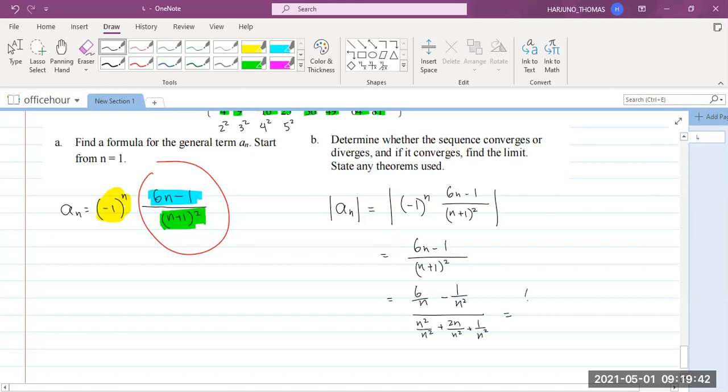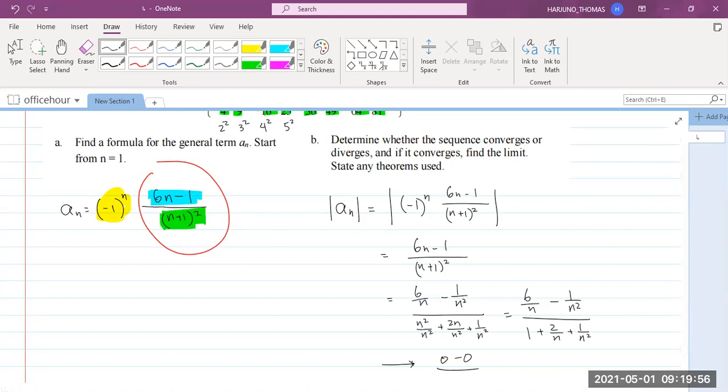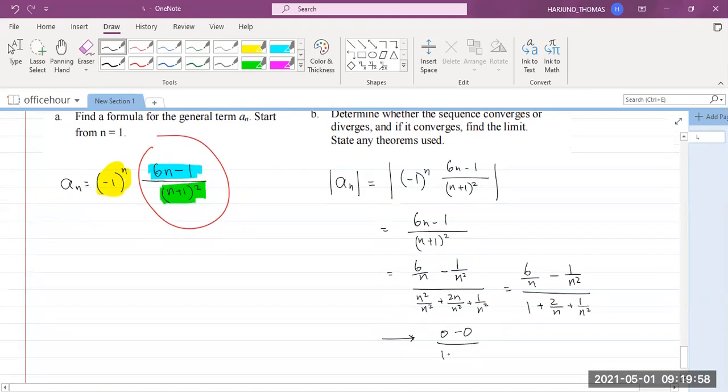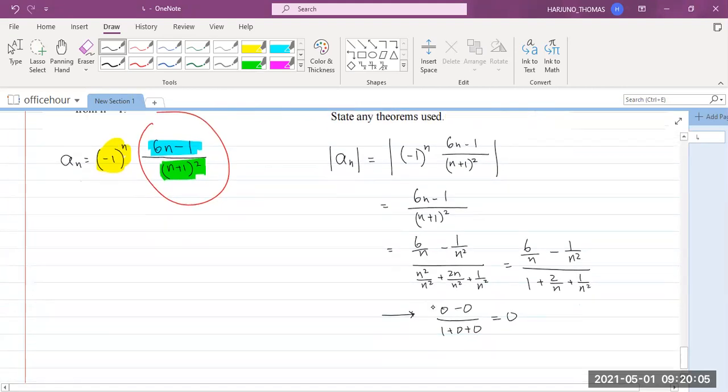This converges to (0 minus 0) over (1 plus 0 plus 0), which is 0.